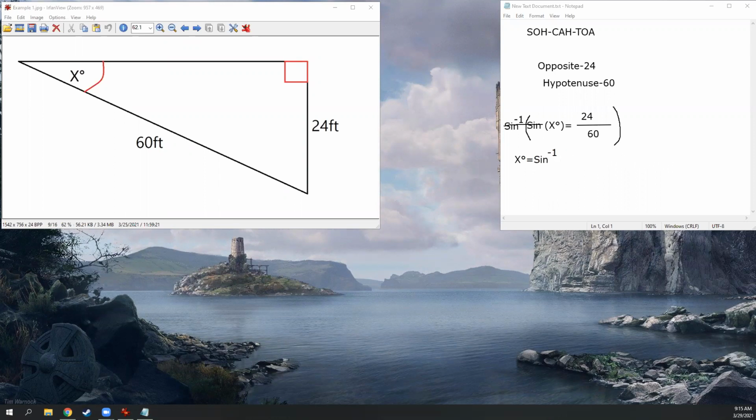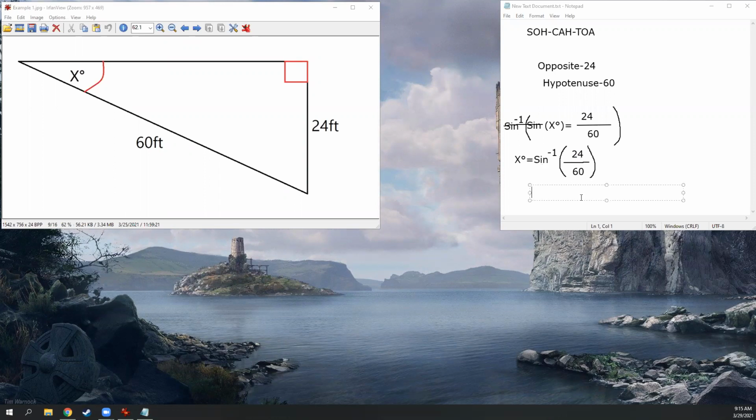I guess I'll just draw it. It'll look ugly. It's fine. Sine to the -1 power of 24 over 60. All right, that's what we put in the calculator. So how in the world do we put that in the calculator?